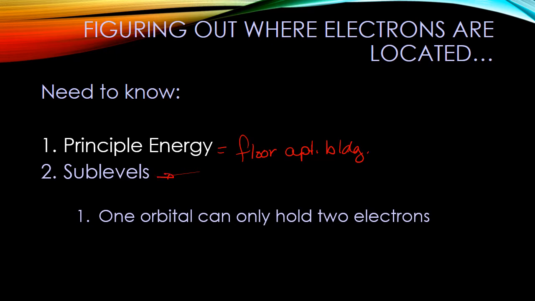And the sublevel is like your type of apartment. And one orbital can only hold 2 electrons, so you can only have 2 people per apartment.